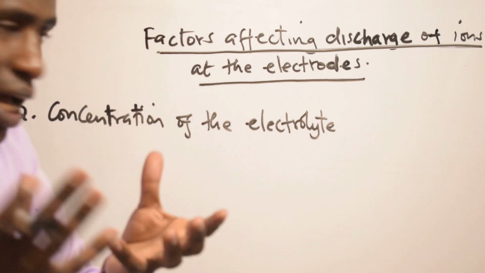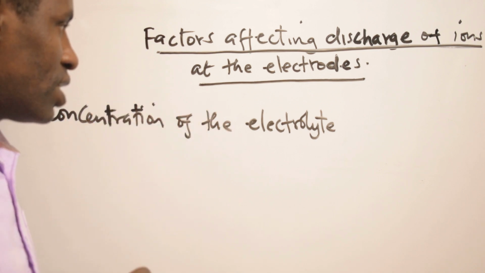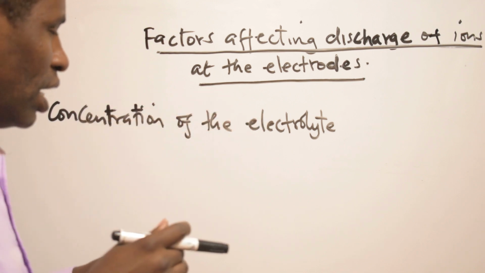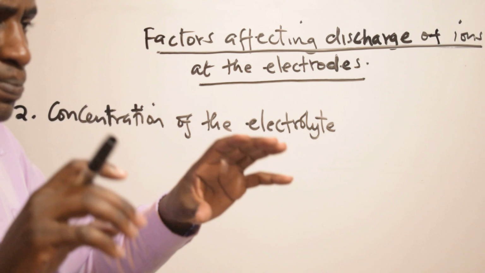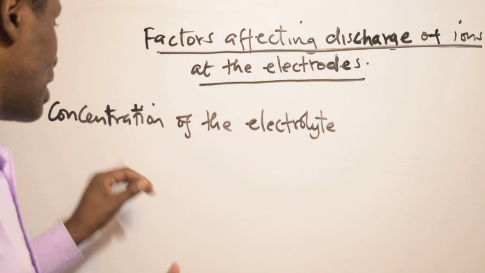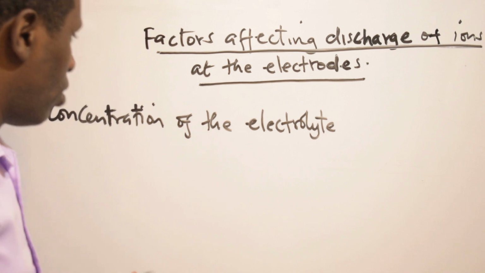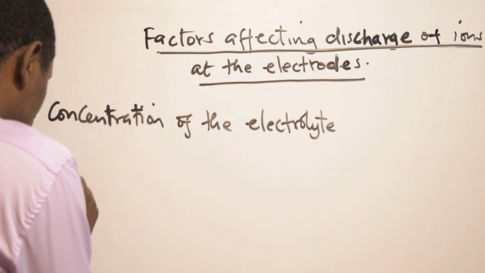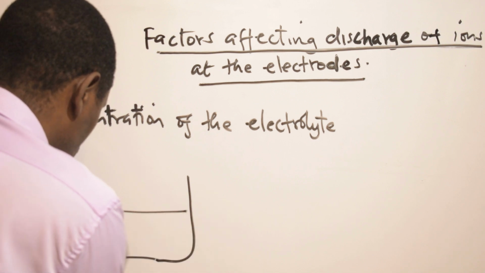If these ions happen to have close standard electrode potentials, in other words, their ability to lose electrons is more or less similar and there's not much difference, then the concentration factor will come in. Let me try and explain this through, for example, the electrolysis of brine, or concentrated sodium chloride.